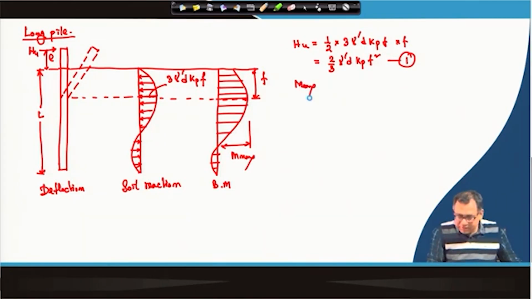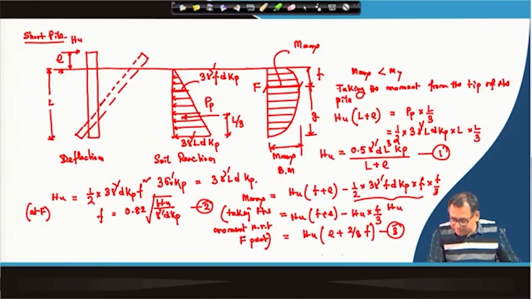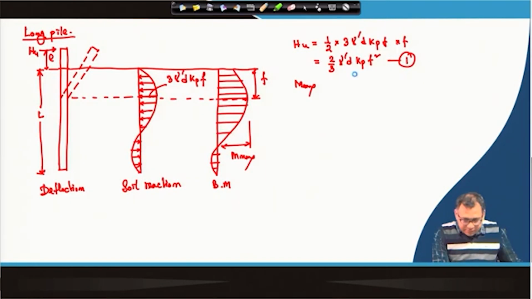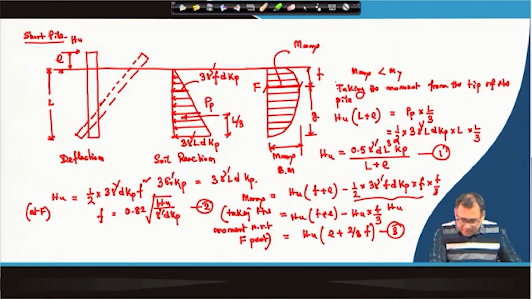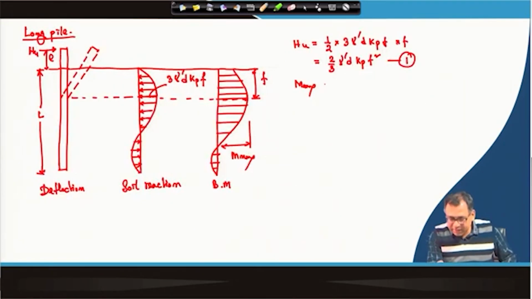Because equation 2 is valid, equation 3 is also valid. So, we can write here this equation, 2/3 gamma dash d Kp f square, and then equation 3 I can write here.